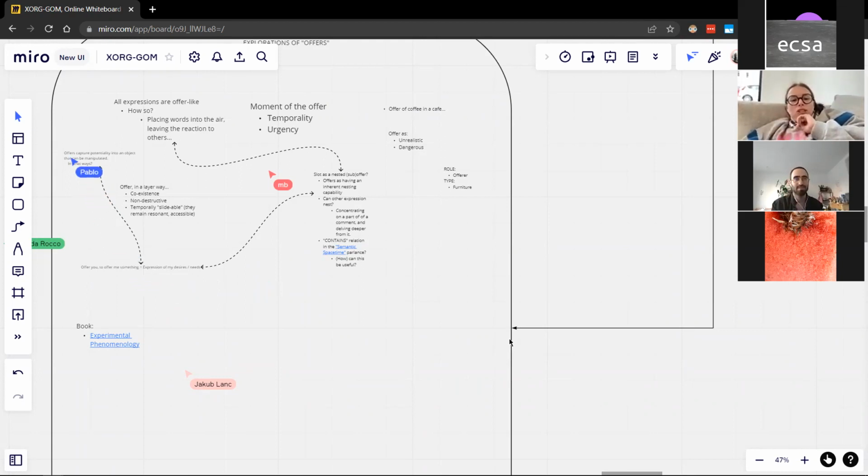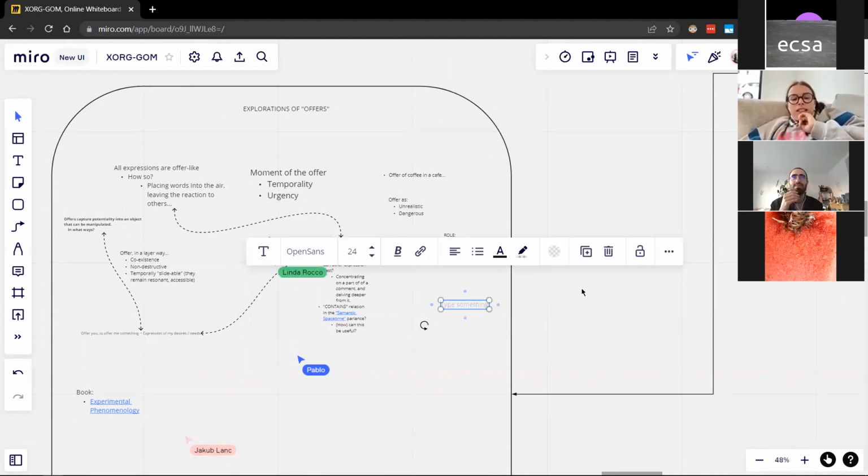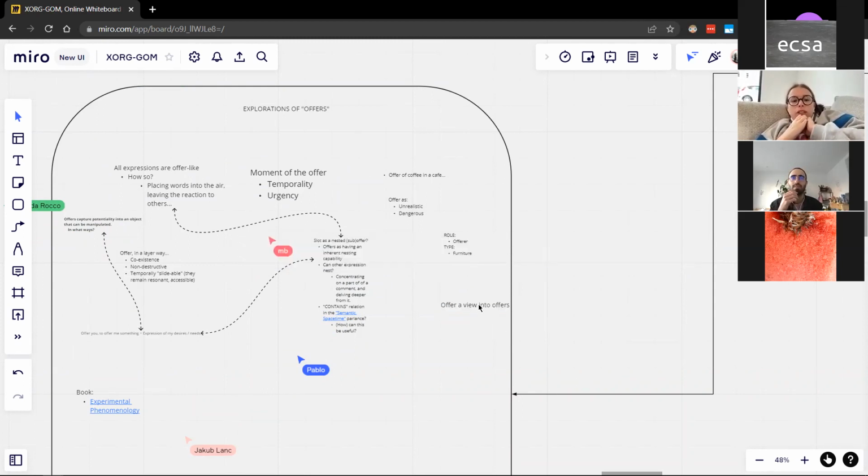I mean, to me, it looks like as a mapper, you're actually offering a view into the offers, because you are almost offering a path for understanding this system, the temporality, the order. So again, temporality, and I wrote urgency as well, because what drives someone to make an offer?